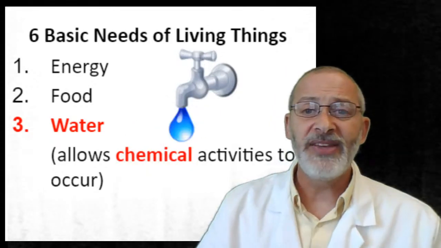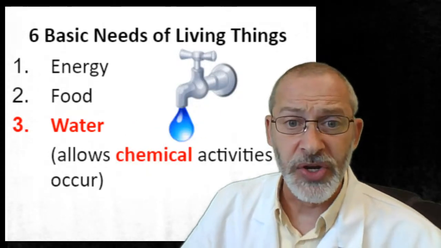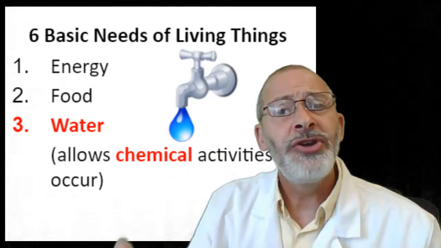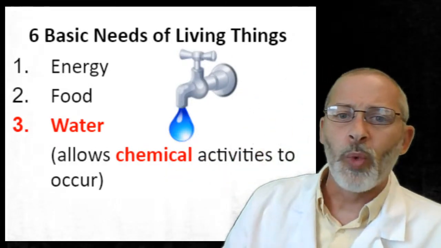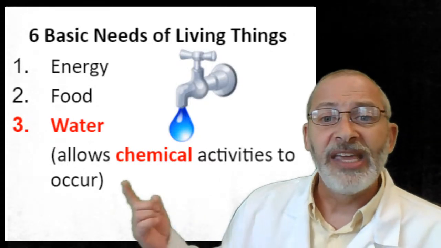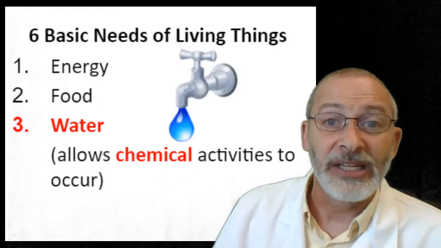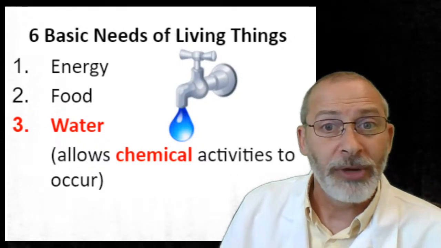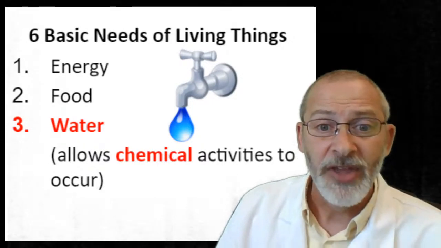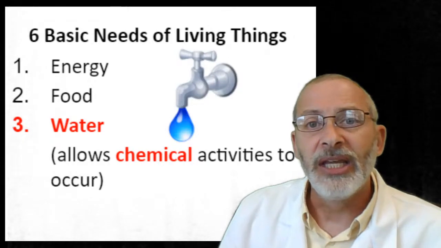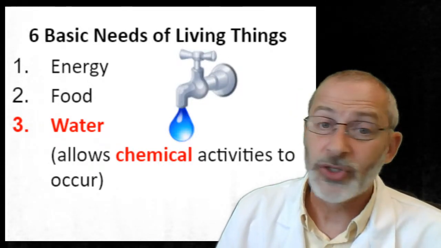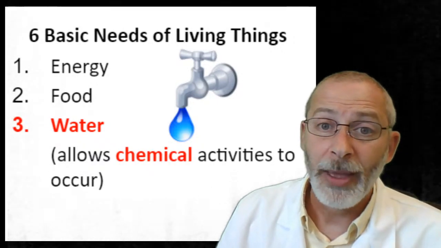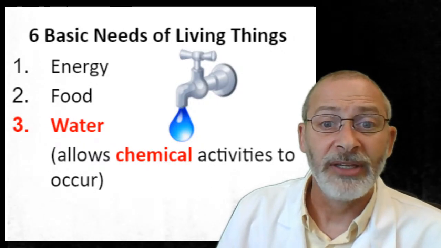But as far as a basic need of living things is concerned, our understanding of life requires that liquid water exist so that the chemical activities of digestion, respiration, all that metabolism stuff requires liquid water in order for these things to happen. So, number three, water, basic need of living things.